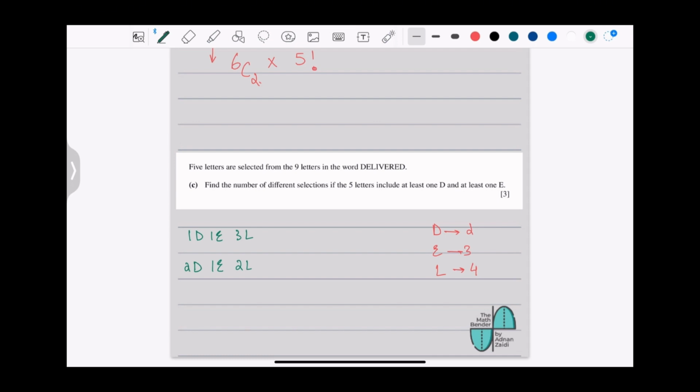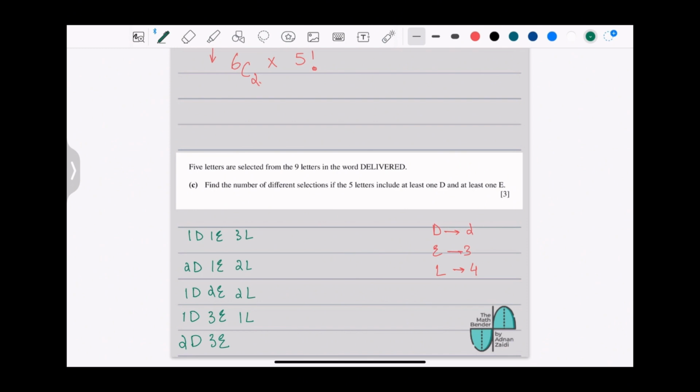It can also be 1 D, 2 E's, and 2 letters, and 1 D, 3 E's, and 1 letter, and 2 D's, 3 E's. That is it.